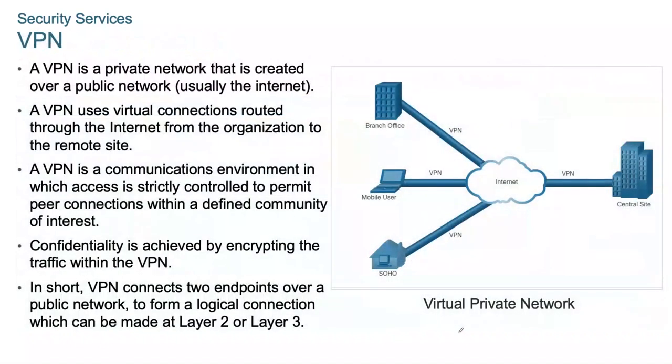Finally we come to the network service part, the VPN, virtual private networks. By following all these security services, any big organization may try to establish a virtual private network. This virtual private network is created over the public network, over the internet.